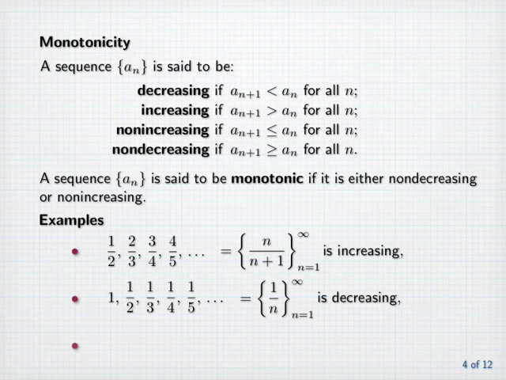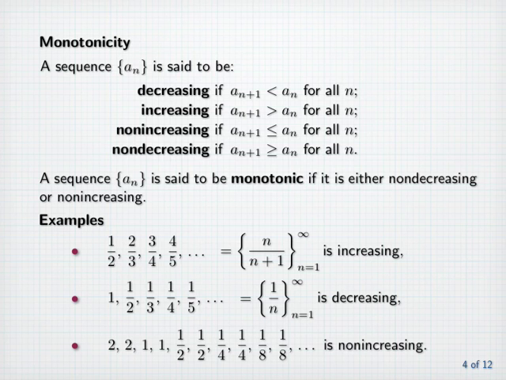And the sequence 2, 2, 1, 1, 1/2, 1/2, 1/4, 1/4, 1/8, 1/8, and so on, is non-increasing since each successive term is less than or equal to the preceding term. And finally, we note that all three of these sequences are monotonic.